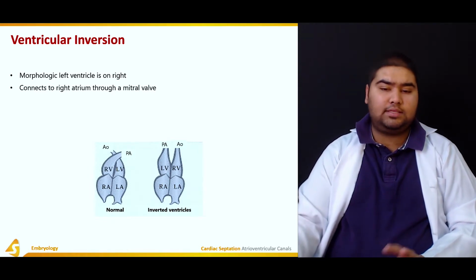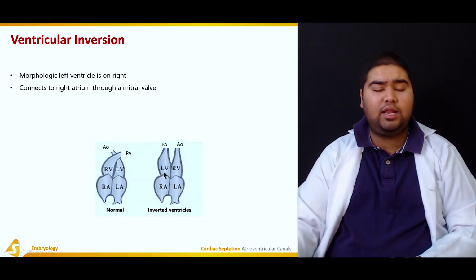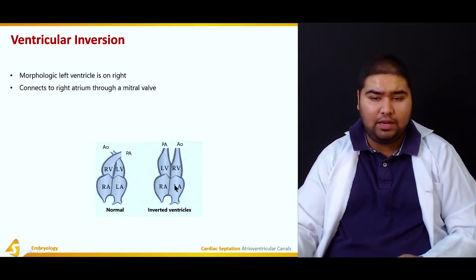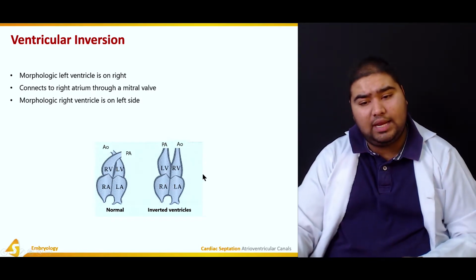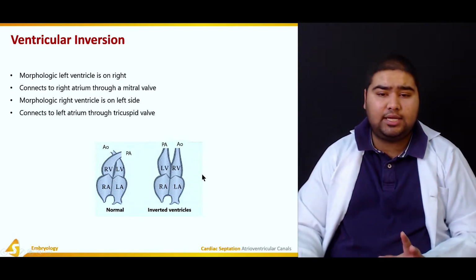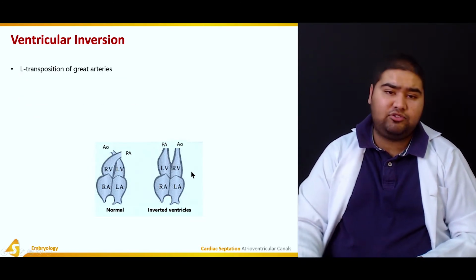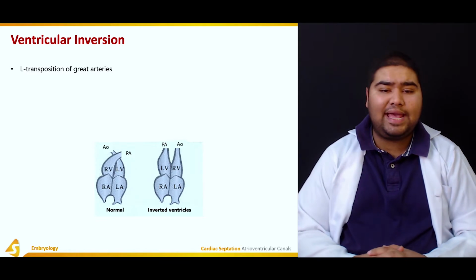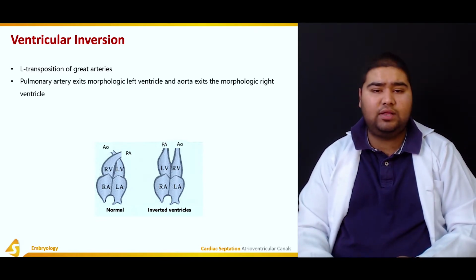The connection between the right atrium and the left ventricle is with a mitral valve, and the morphological right ventricle is on the left side, and there's a tricuspid valve between this right ventricle and the left atrium. It is also known as L transposition of the great arteries. Why is it called that?